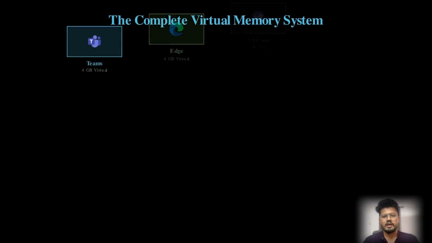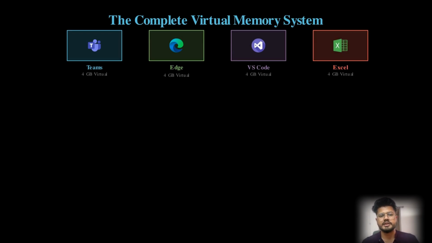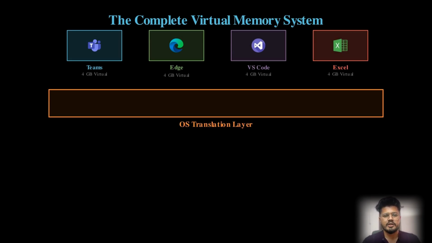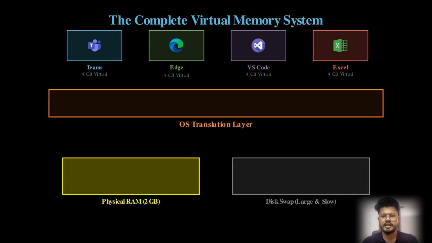Now let's have a look at the complete virtual memory system and how it works, in this animation. We have 4 programs running: Teams, Edge, VS Code, and Excel. Each has 4 GB of virtual memory, as we are considering a 32-bit system, and it works with the OS translation layer, the physical RAM, and the disk swap space.